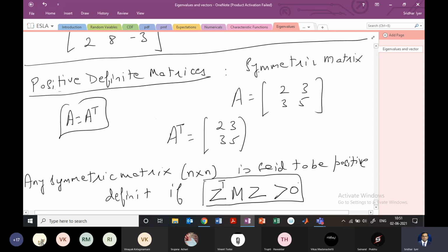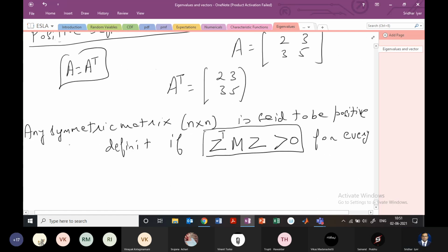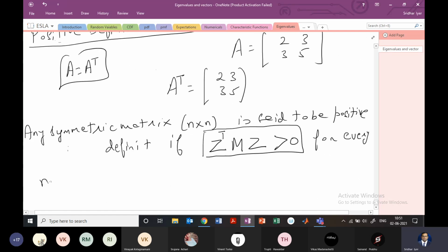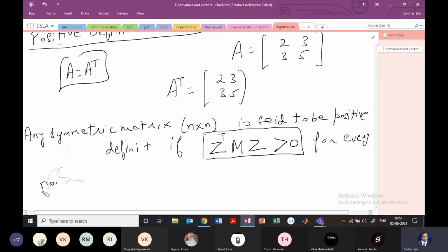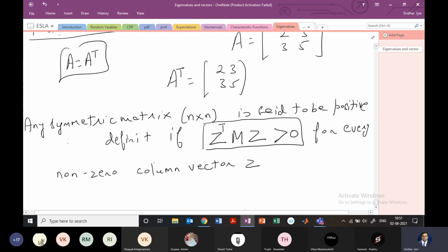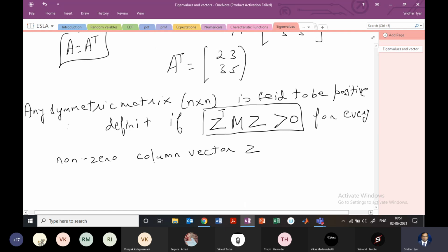If z transpose Mz is greater than 0 for every non-zero column vector z, right? Z transpose is the transpose of z, and we'll see what the transpose is when we solve a numerical.